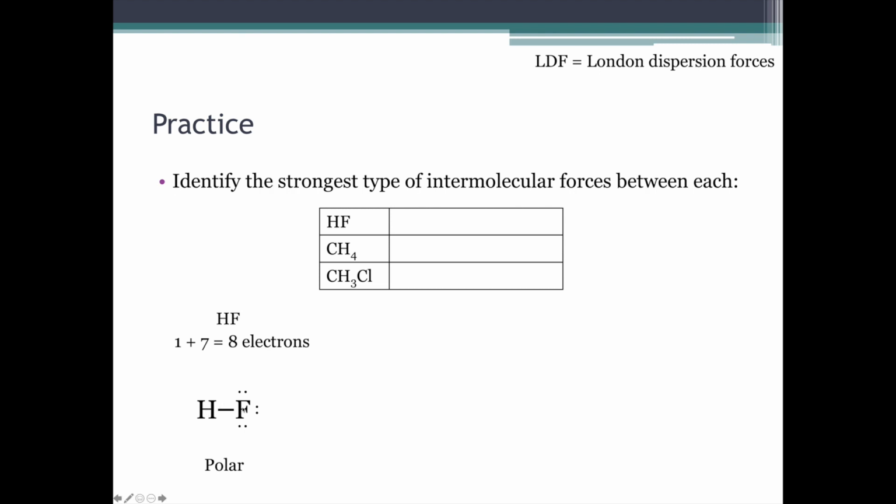Fluorine is one of those 3 special elements, fluorine, oxygen, nitrogen for a hydrogen bond, and there's a lone pair on that fluorine, which means that these molecules, when they're all grouped together, the hydrogen on one will interact with the lone pairs on the fluorine of another. So the strongest type of intermolecular force for HF is a hydrogen bond.